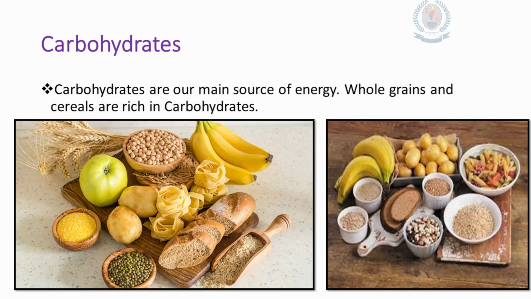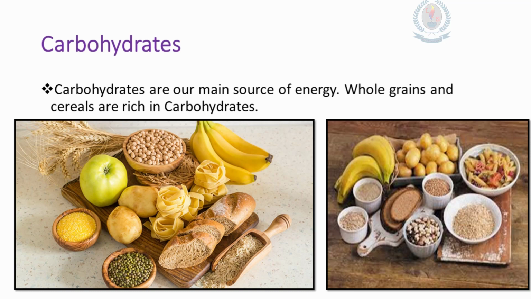Right children, our next part of the nutrition category is the carbohydrates. So you can see on the slides very nice beautiful images. Those are the food belonging to the carbohydrate category. Carbohydrates are our main source of energy.